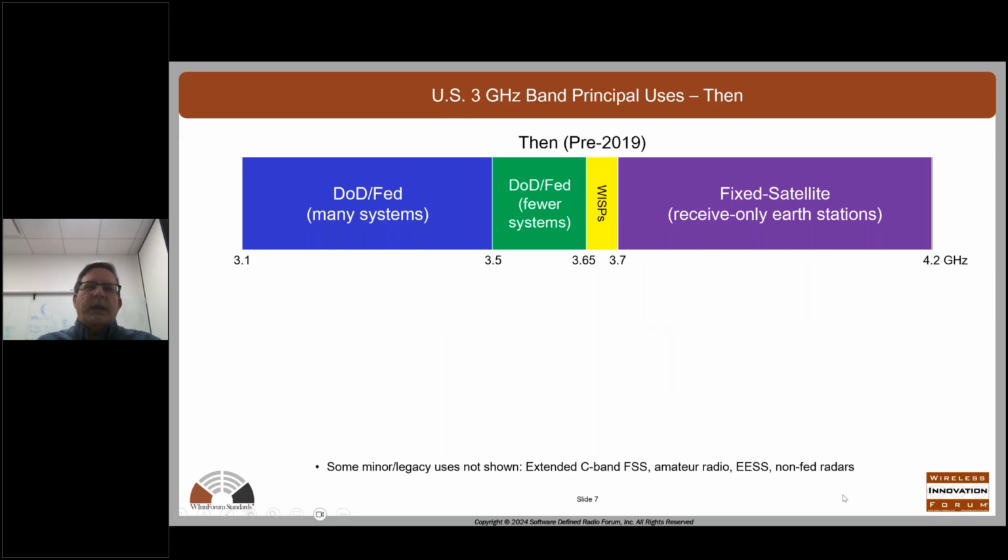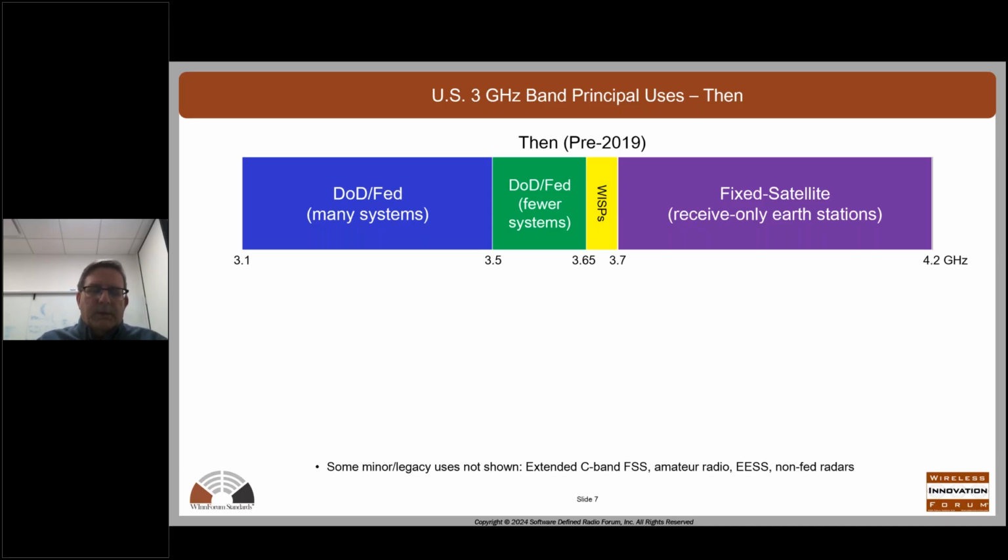But if you go to the next slide, what you'll see is in the US, the 3 gigahertz band is a bit of a complicated thing. We have a relatively unique circumstance in the US where the 3 gigahertz band has been highly used by the DoD and federal systems. There are many radar systems that are used on ships, on planes, on ground-based things, for air traffic control, for fire control, for tracking.